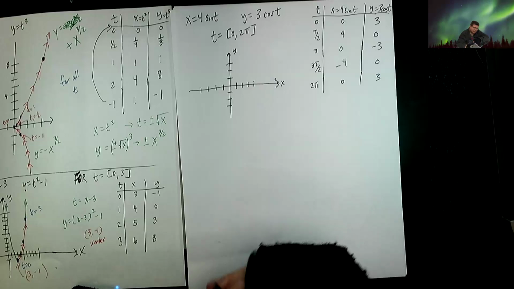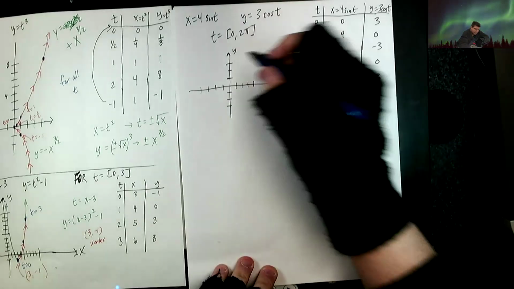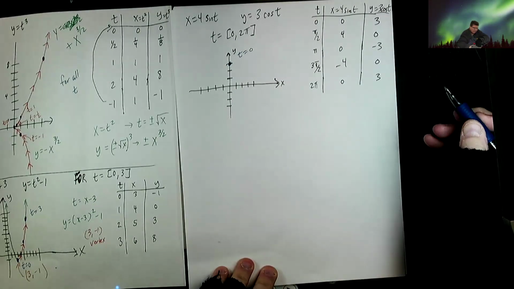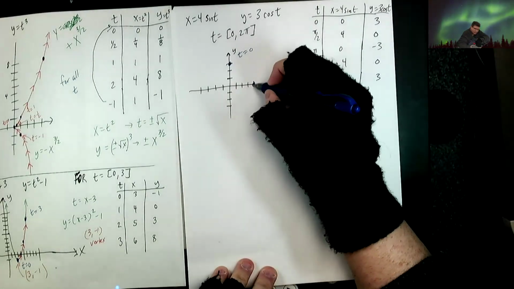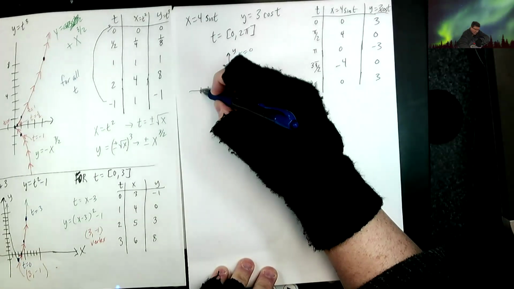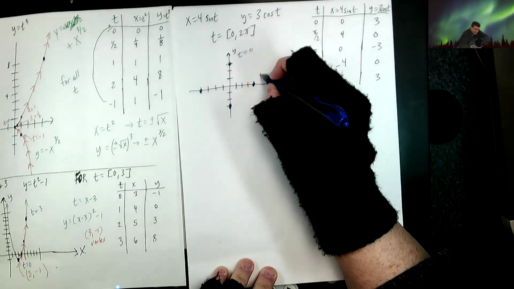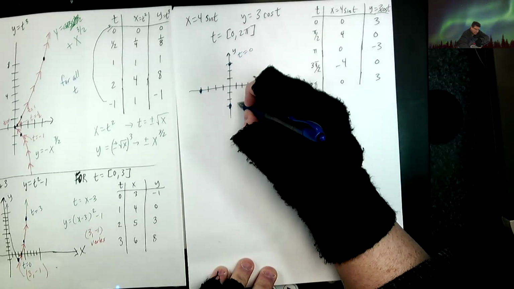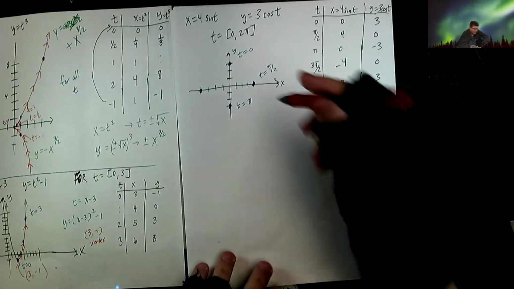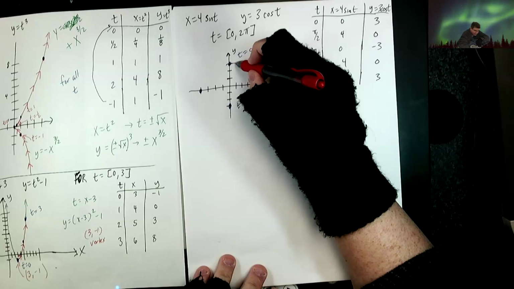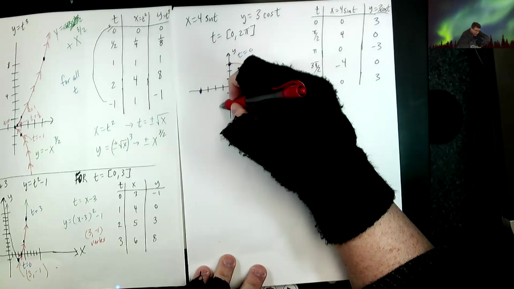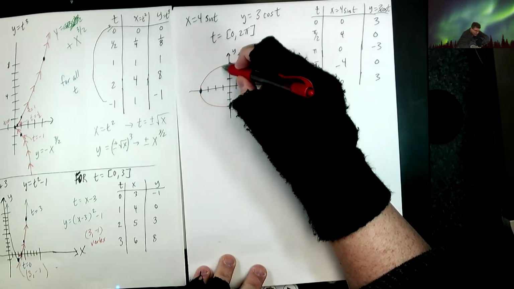Let's see, 0, 3, that's t equals 0. Looks like we're making an ellipse, right? And we're going clockwise.